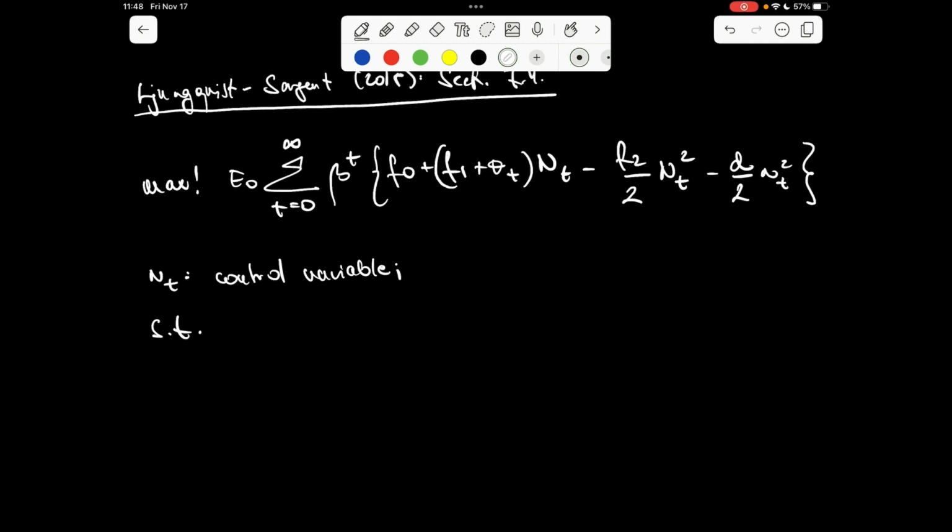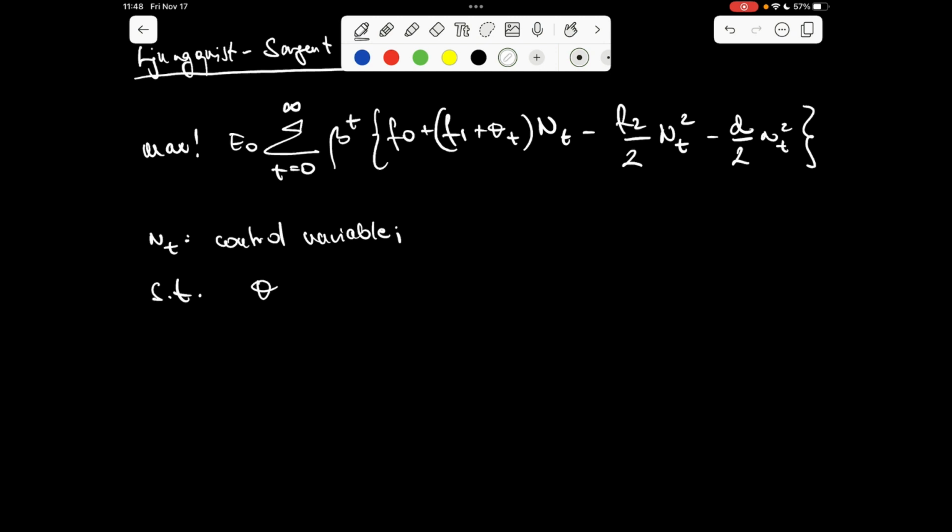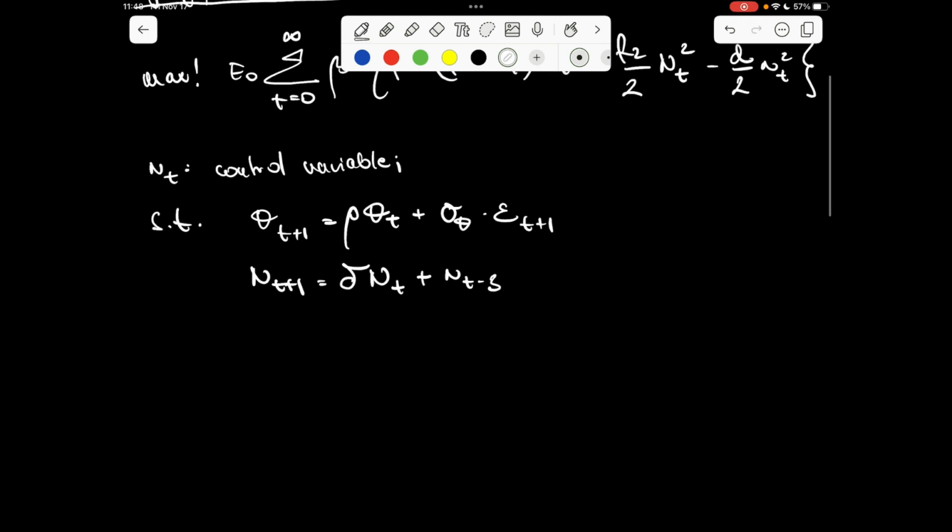We have two constraints. One equation describes the dynamics of the stochastic shock in this system, and the other equation describes the dynamics of the labor force, which stands under the influence of the schooling decisions of the household.